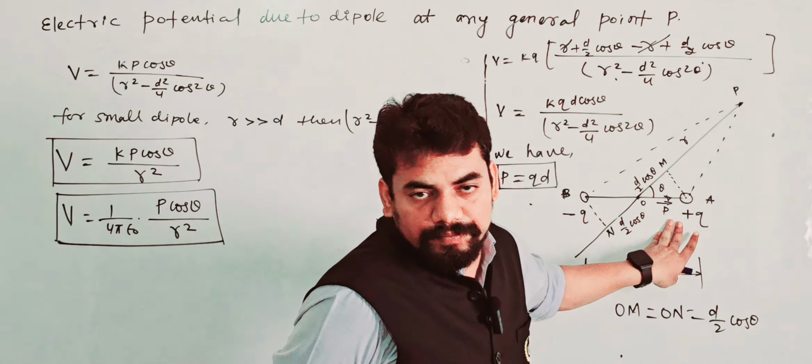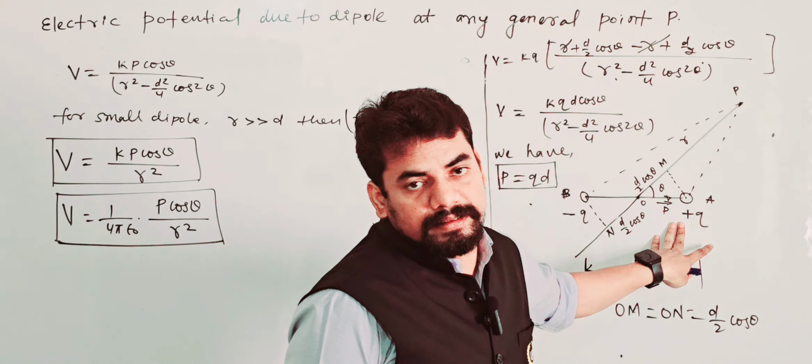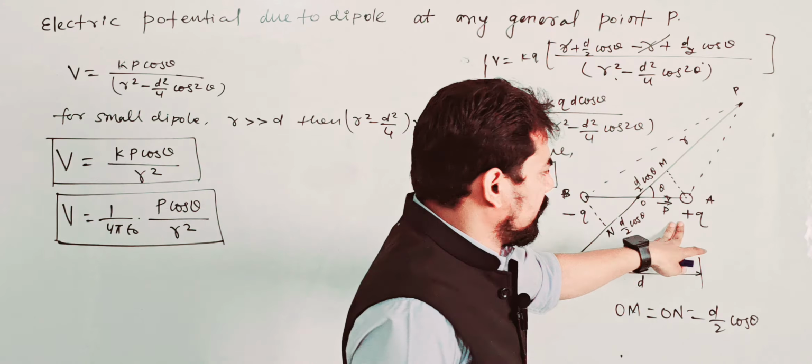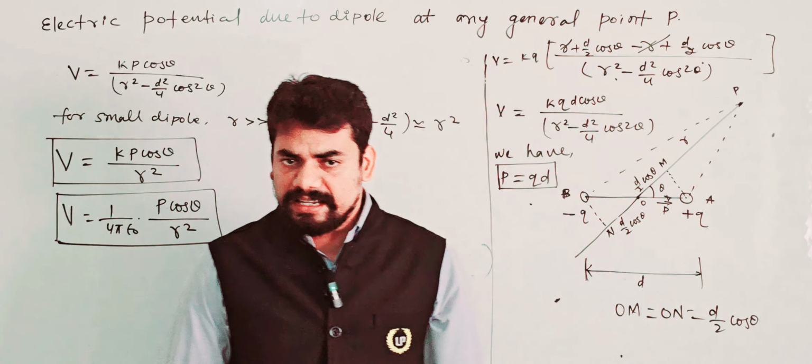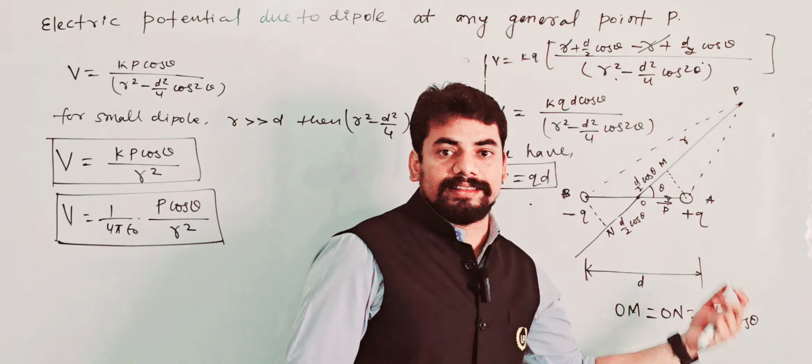This diagram is very important in order to derive the potential due to a dipole at any general point. If you pay attention, this will be very easy. There is no difficulty. You need to understand and remember this general formula.